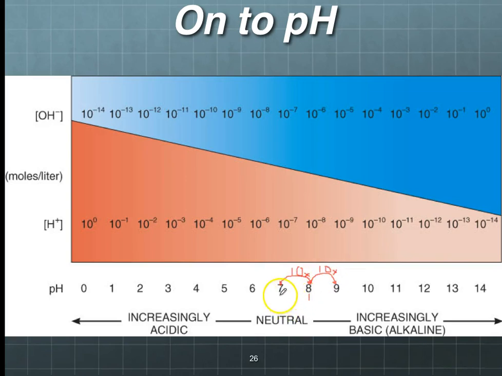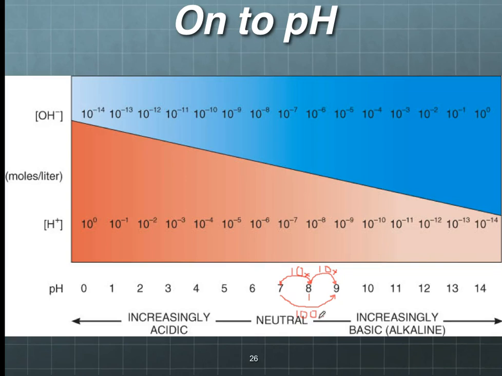This means that if I went from 7 and skipped 8 and went straight to 9, the difference between 7 and 9 is not twice or whatever that amount is, 1.5 times. It's actually 10 times 10, so it's actually 100 times of a difference. So something that has a pH of 9 is 100 times more basic than something that has a pH of 7.